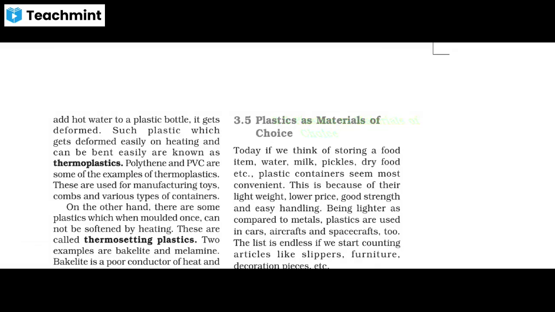So here, thermoplastics: plastics which get deformed easily on heating and can be bent easily are known as thermoplastics.